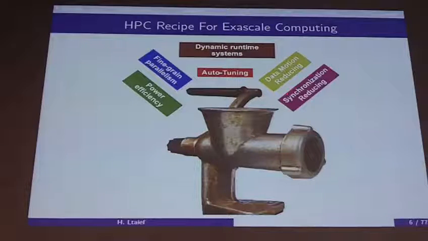Data motion reduction, synchronization reduction, and of course, at the top, some kind of dynamic runtime system which will help you, in a productive manner, exploit the underlying hardware architecture. And we heard many times about hardware and software co-design. This is very crucial, because software people by themselves won't be able to achieve Exascale by 2018 if they don't work together with hardware people.